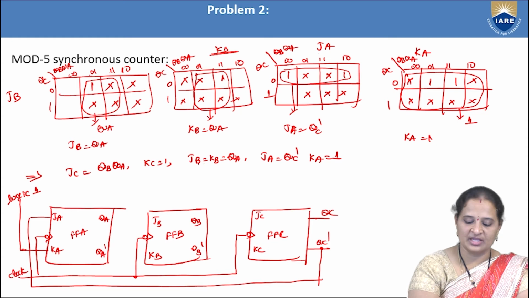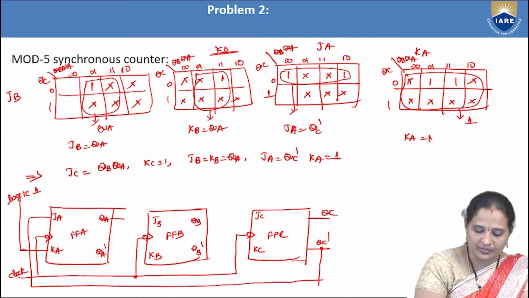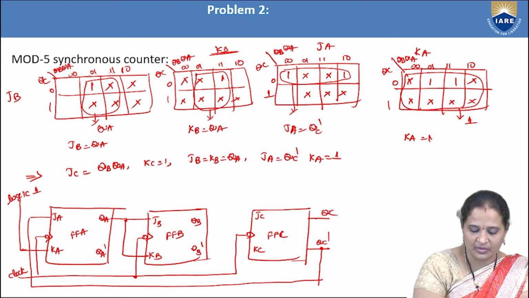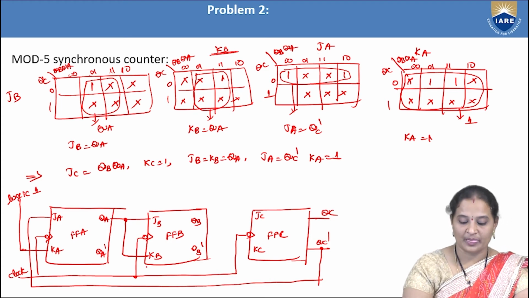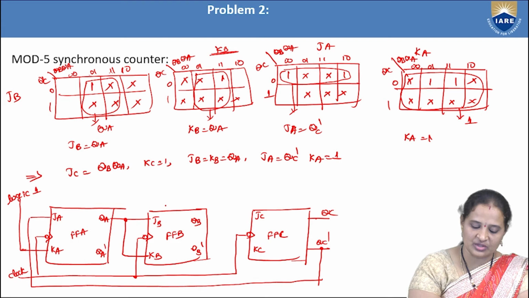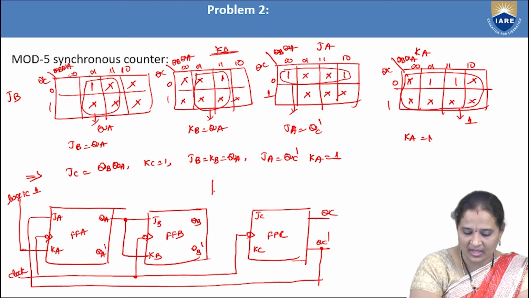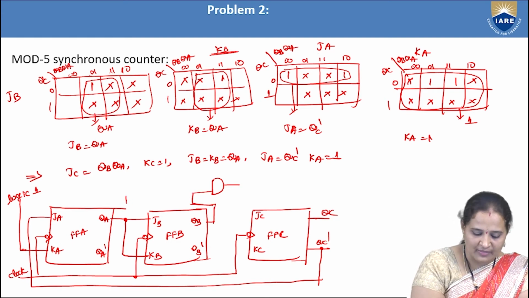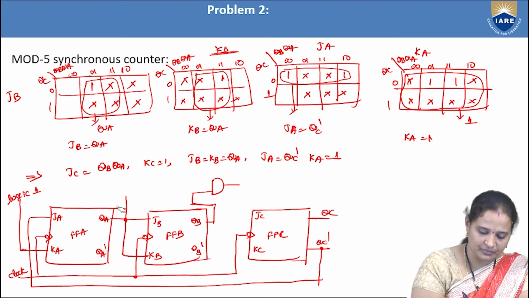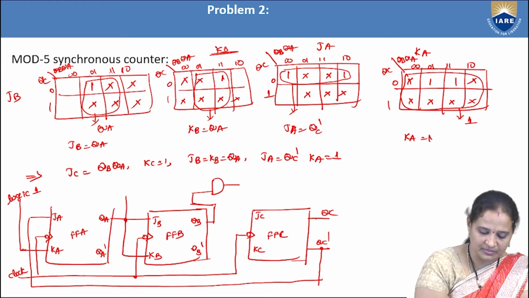Now, let us see JB and KB are equal to QA. So I am connecting QA to both JB and KB. And JC is equal to QB QA, so I am taking an AND gate here. This is QB, I am applying it as an input to the AND gate, and then I am taking QA.